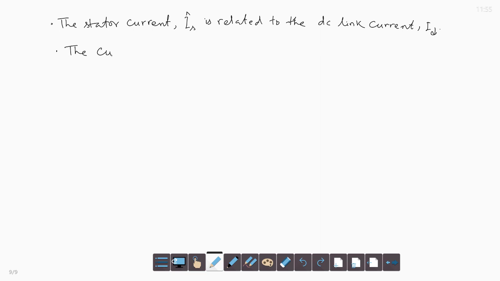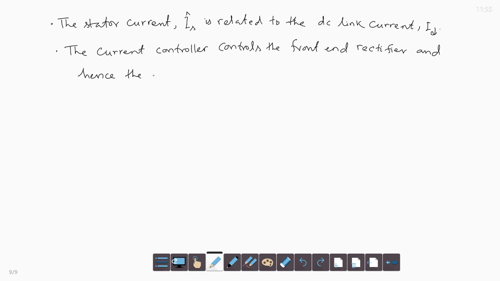The stator current controller controls the front end rectifier and hence the DC link current and stator current IS hat.